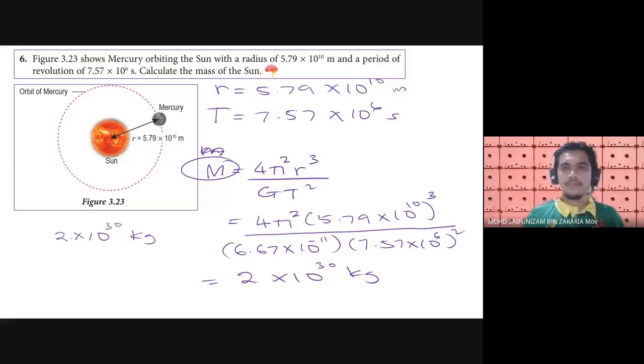Okay. So the mark is also the same. First mark for substitution. Second mark for the final answer with correct unit.